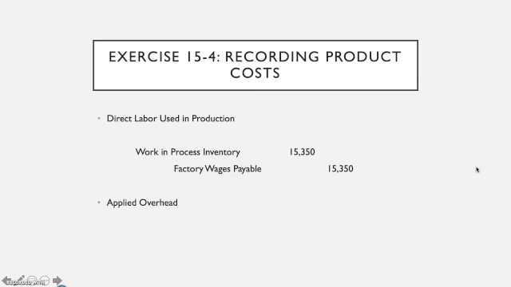Finally, the last journal entry is going to be for applied overhead. For the past three journal entries, they already gave us the numbers. But for this one, we need to calculate what the applied overhead is going to be. It told us that the applied overhead rate is 120% of direct labor cost. So we take that 120% and multiply it by our direct labor cost, which is what we just had up here, the 15,350.